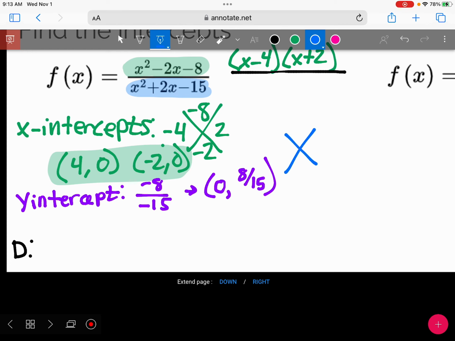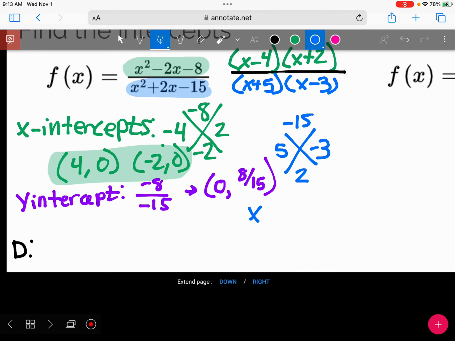Negative 15 and positive 2. Going to multiply to be negative 15 and add to be 2. 5 and negative 3. So we're going to have x plus 5, x minus 3.